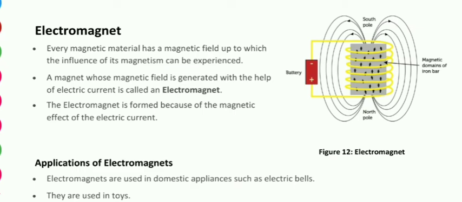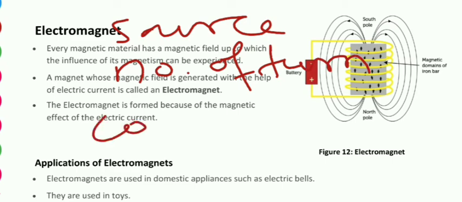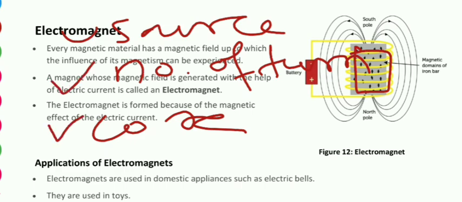First, the source of battery or the source of electricity, then the number of turns in the coil, and the core material. The core material means this center bar is made of which substance. On these three factors, the strength of the magnetic field depends.